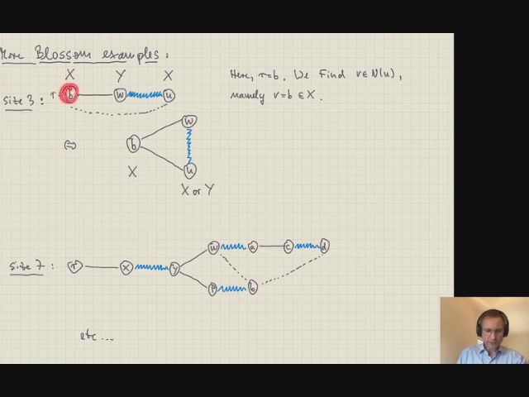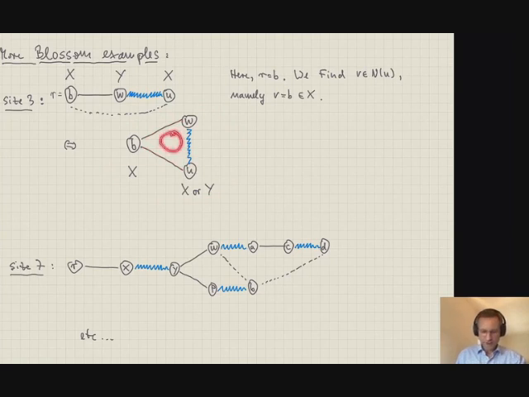So we start looking for an augmenting path starting from this root vertex here. We find a neighbor which is matched. Okay, so we continue and then we find the existence of this edge backwards to the root. And if I just draw this in a different way, we see that we have exactly a blossom of size 3.